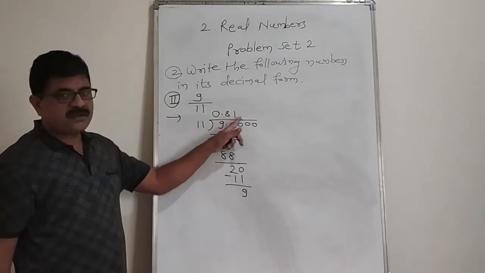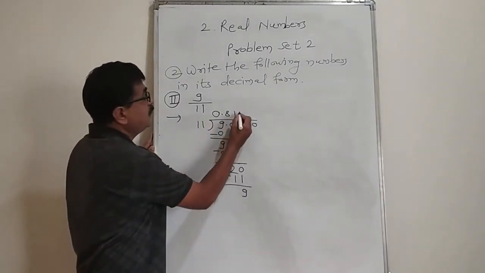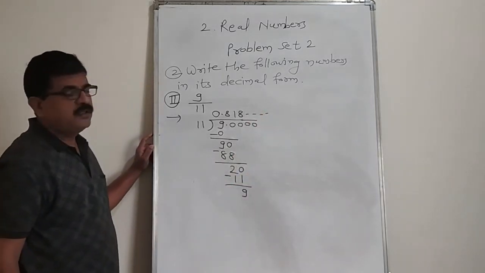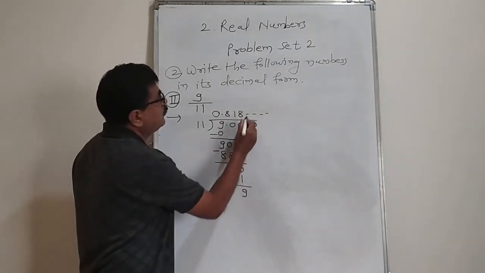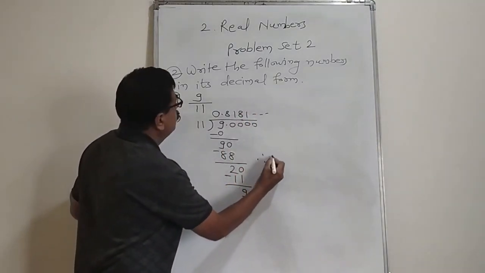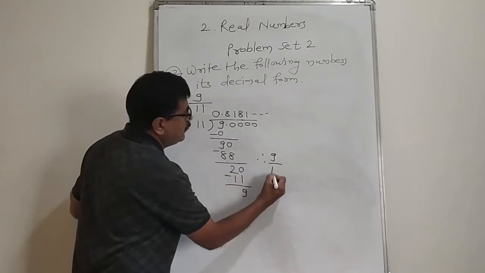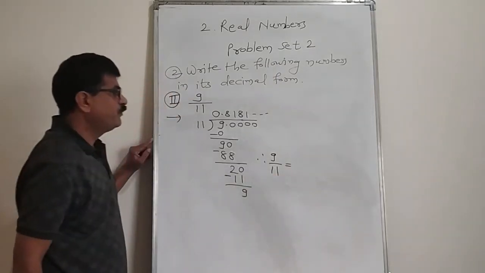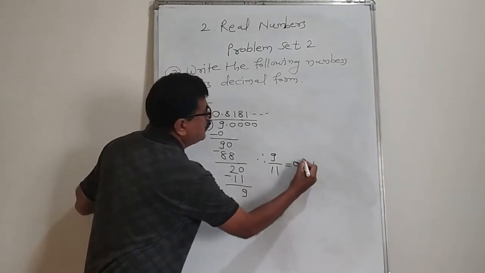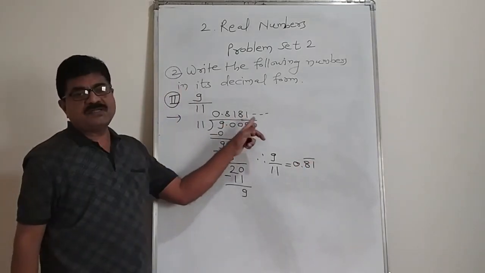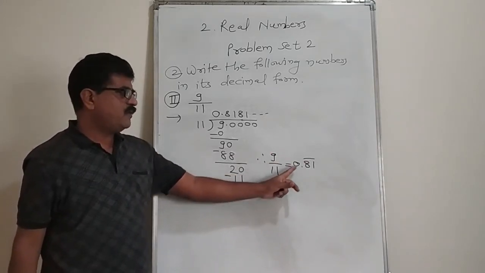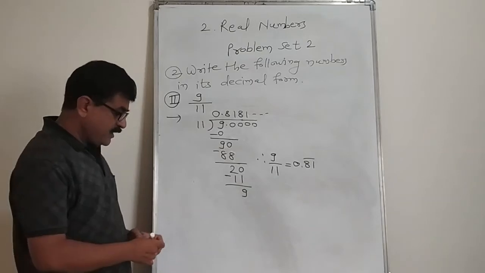Therefore these terms are repeating. If we again divide, we get 8, 1 and so on. Therefore 9 upon 11 is equal to 0.81 bar. These two numbers are recurring or repeating.